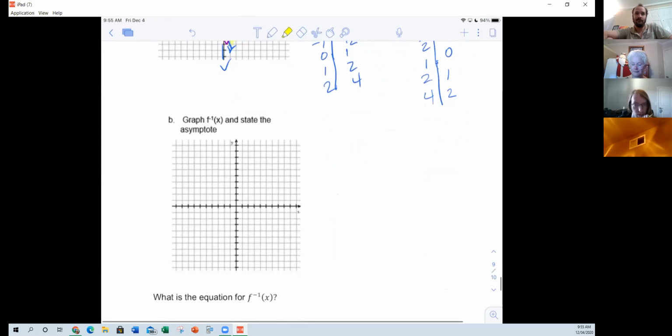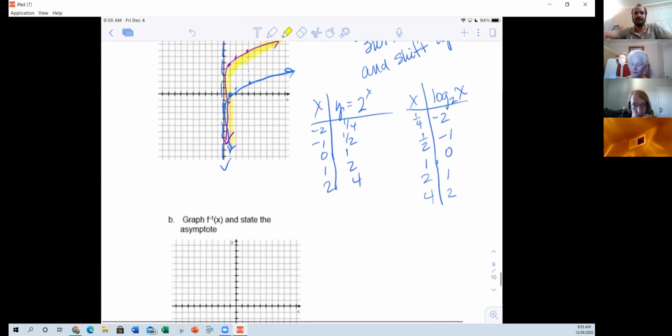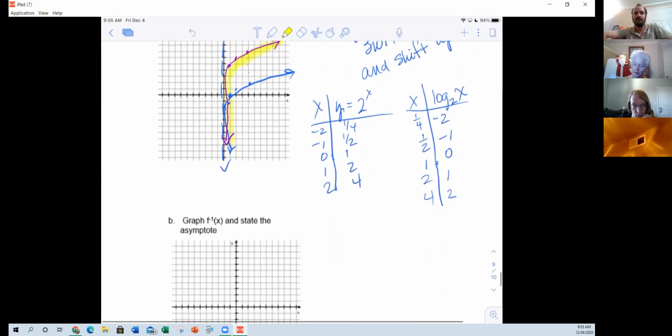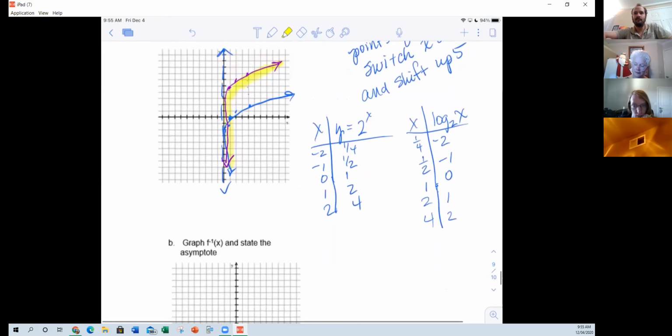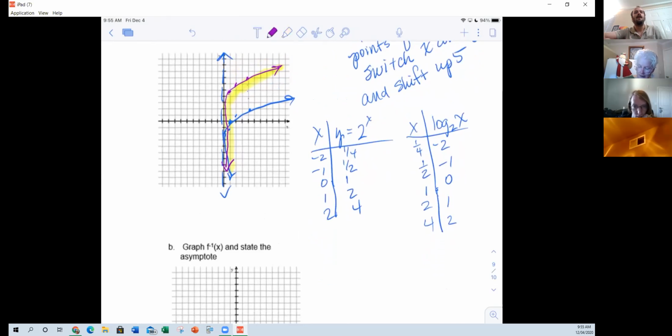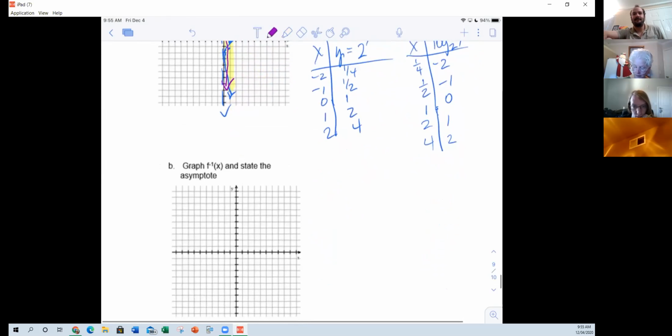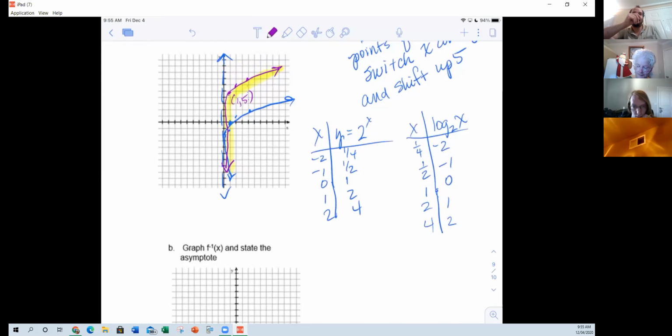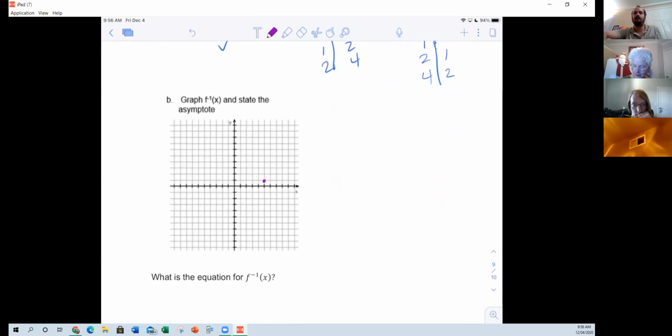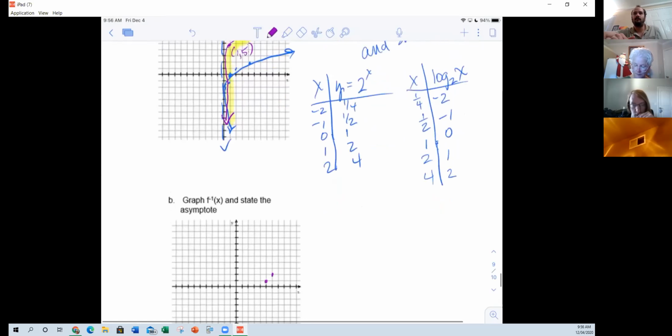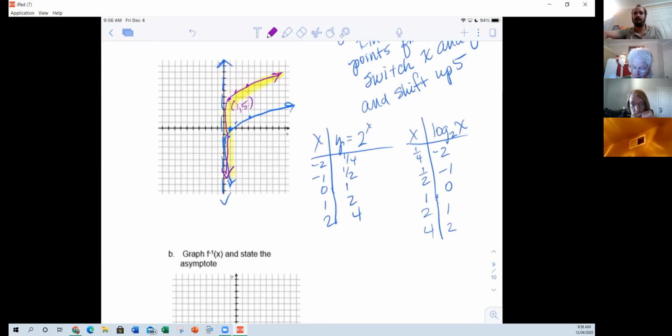Then it's just so repetitious now. And then just graph the inverse. So if you graph the inverse, you switch the x and the y. So here I'm going to switch. This is 1, 5, so I would graph 5, 1. This is 2, 6, so I'll go 6, 2. This one was 3, 7, so 7, 3.